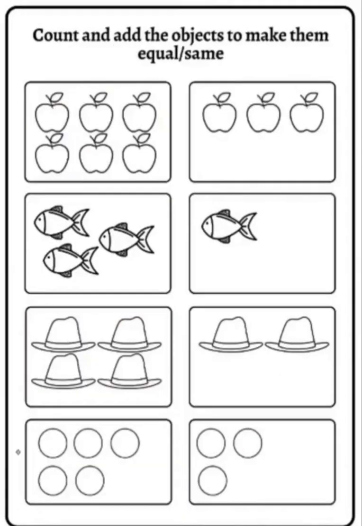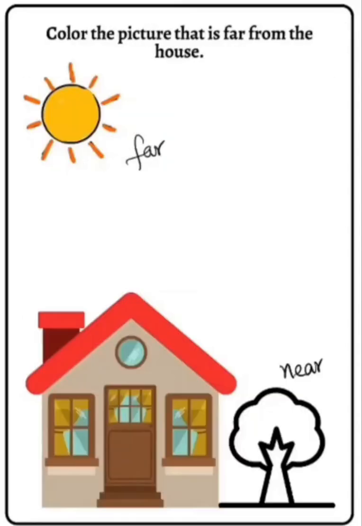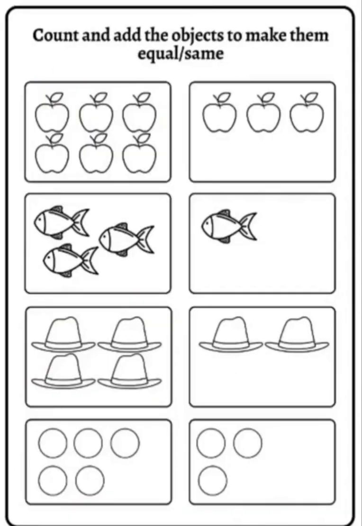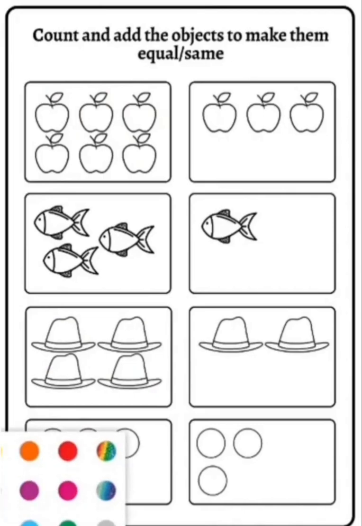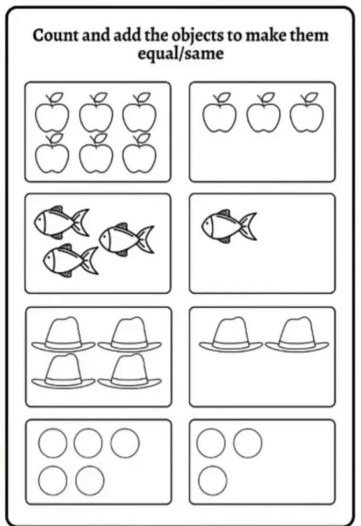The next worksheet is count and add the objects to make them equal or same. Let's count the number of apples. 1, 2, 3, 4, 5 and 6. We will count the apples onto the other side and add them to make equal.